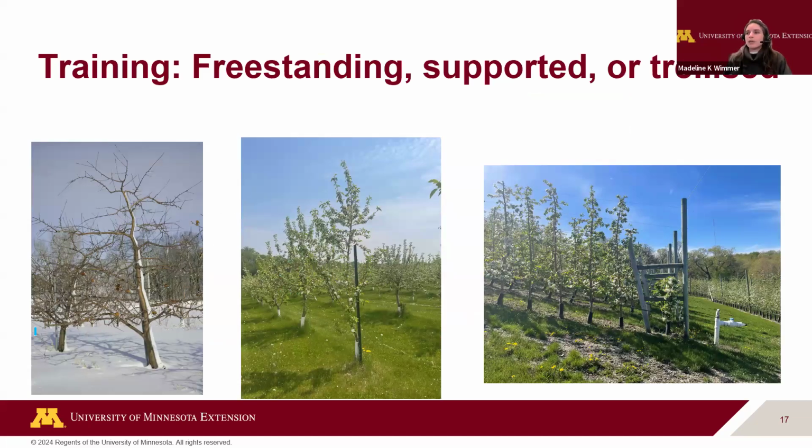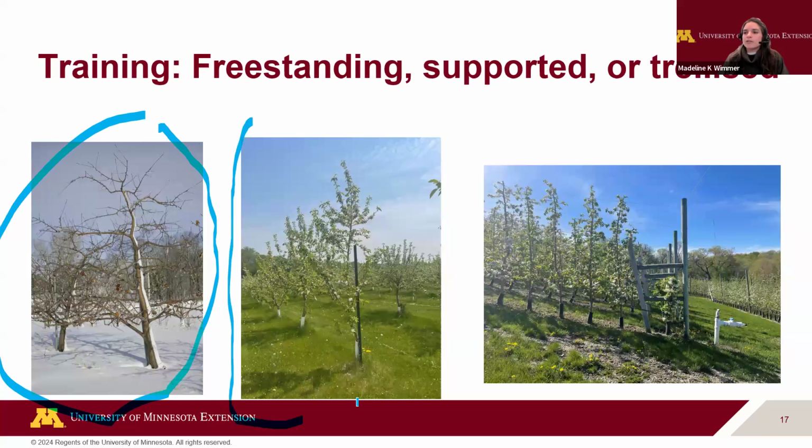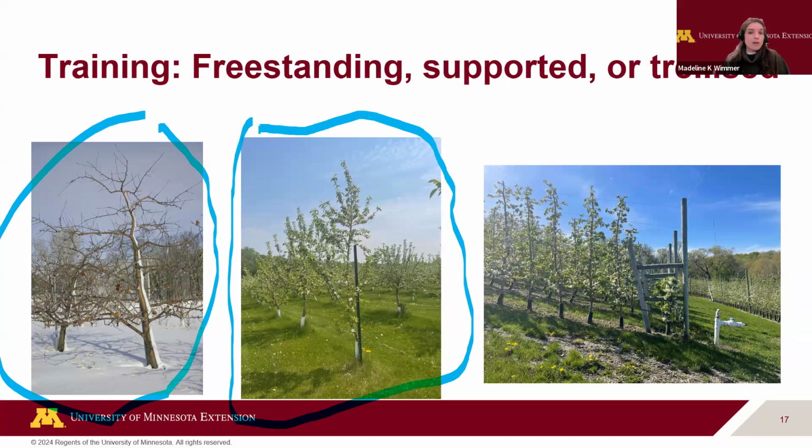So here I have this display again to show you three different directions that a person may be going when it comes to the actual training system. On the left, we have freestanding trees here without any support. In the middle, we have a freestanding tree with support to help trees that are smaller but may still have a really heavy fruit load.